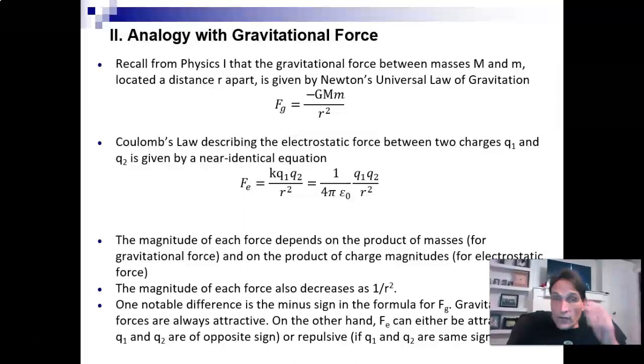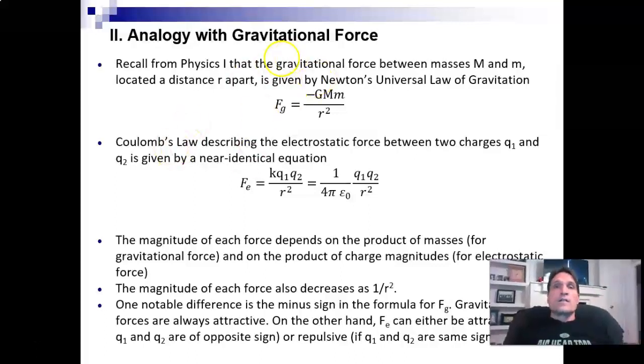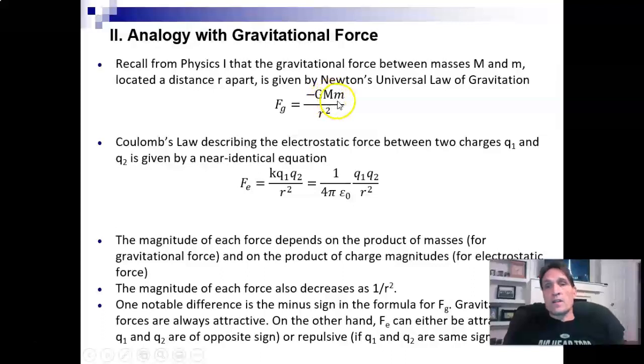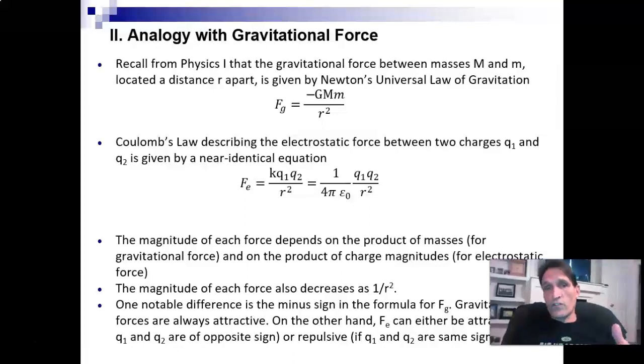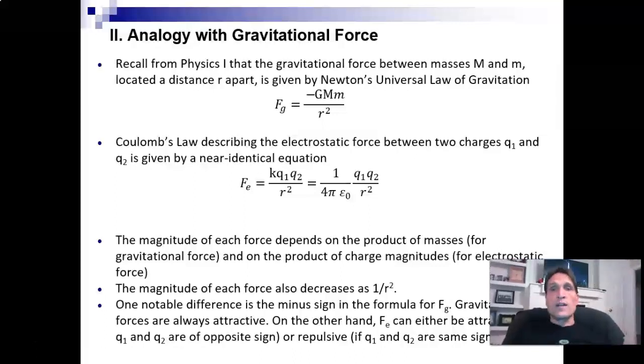At the end of Physics 1, you should have discussed Newton's universal law of gravitation, right? If you have two masses, one with mass big M and the other with mass little m, separated by some distance r, Newton's law of gravitation allows us to calculate the gravitational force acting between the two bodies.